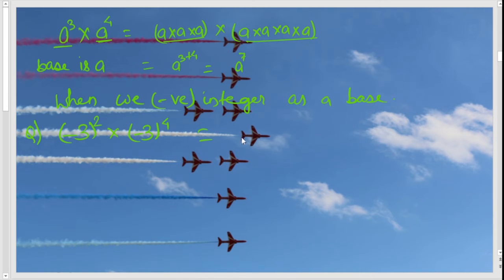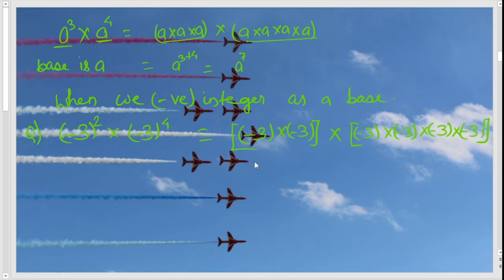Then the calculation will be -3 into -3, bracket into bracket, -3 into -3 into -3 into -3.